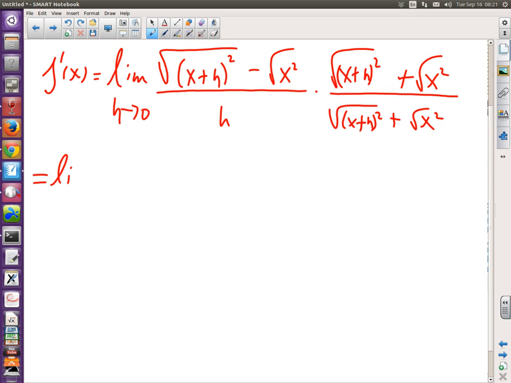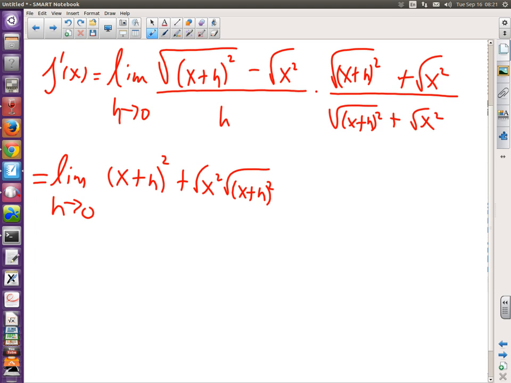All right, so limit as h goes to 0. Let's do a FOIL. First times first: rad of x plus h, squared. Outer times outer: rad x times rad of x plus h.